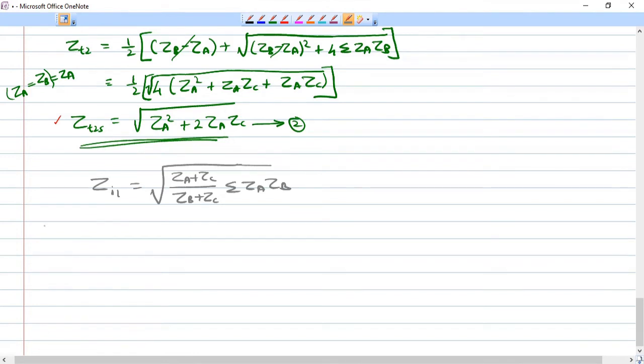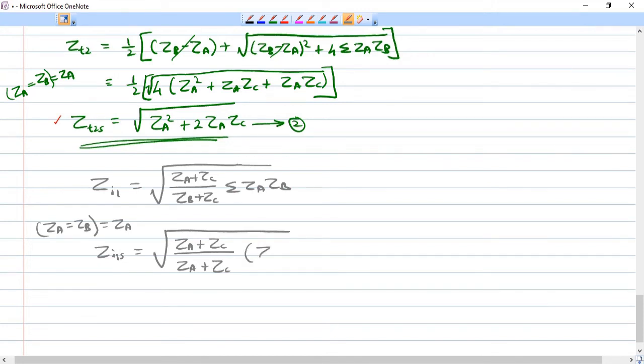Now what happens when ZA is equal to ZB? That is a case of a symmetrical network. That is equal to ZA. So what will happen to ZI1? Let us call this ZI1S. Now we have ZA plus ZC in the numerator divided by, now ZB is actually ZA, so we have ZA plus ZC again. And what about sigma ZA ZB?